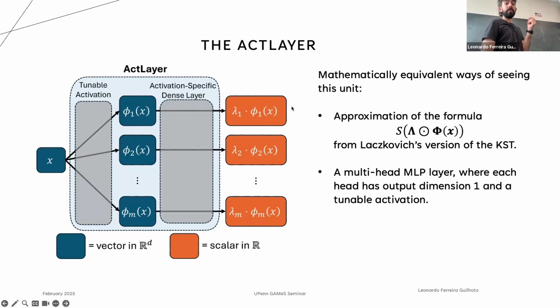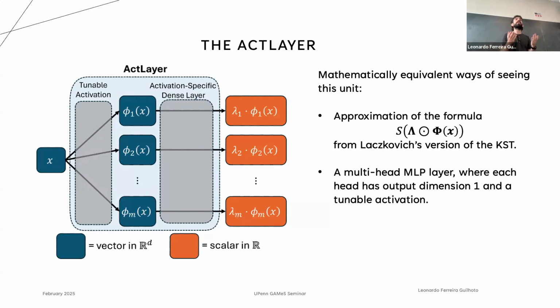And this is actually a very interesting idea, because if we do something like this, there are two mathematically equivalent ways of viewing this operation. One is going through the Laczkovich version of the Kolmogorov Superposition Theorem, which we talked about, and that's how we derived this specific block.